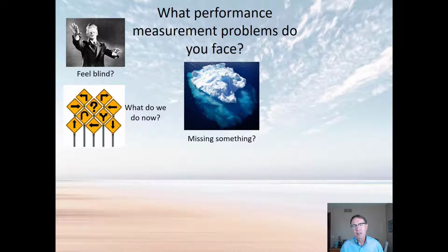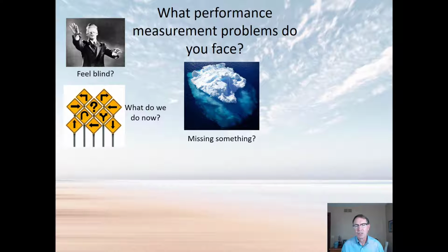A big one, and one that I've certainly experienced a number of times, is the concern that you're missing something, that you may be getting some data and it may be useful, but it's what you don't see that keeps you up at night. And boards have a very important role in governance, and if things really go bad in an organization, the board has some responsibility for that, and it does reflect on the board.